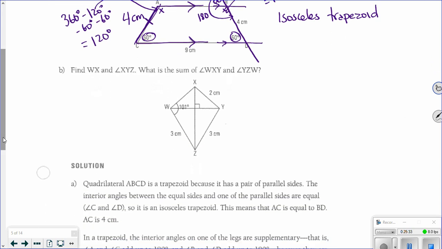Same thing here. For a kite, we know that this side and this side are equal, and this side and this side are equal to each other. And we know that everything meets at right angles. Because this corner out here is 101 degrees, we also know this corner right here is 101 degrees.